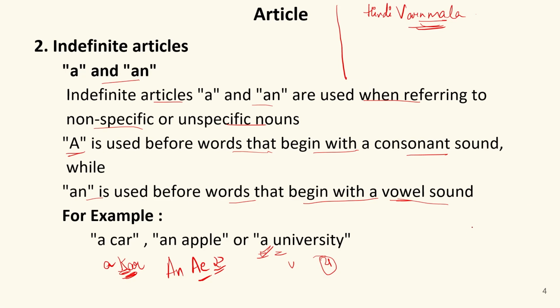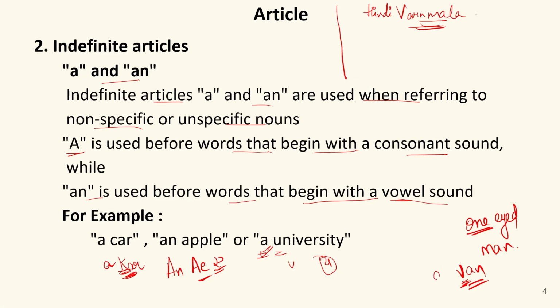For example, if I write "one-eyed man", let's begin with the word one. The pronunciation is "wun", and it starts with the consonant, or vyanjan, sound wa. So wa is a vyanjan or consonant sound.